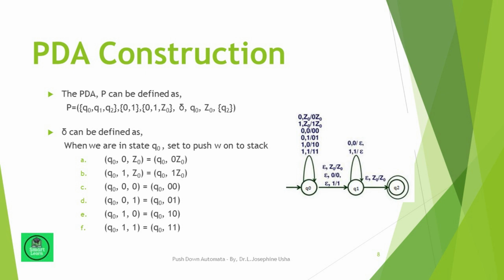Similarly, if the top is 1, the possible symbols are again either 0 or 1, and you push the symbol into the stack, so the 4 transitions will come. We are not changing the state, we stay in the same state. In the state Q0 you read all the symbols in W and push them into the stack. So this is the first set of transitions.